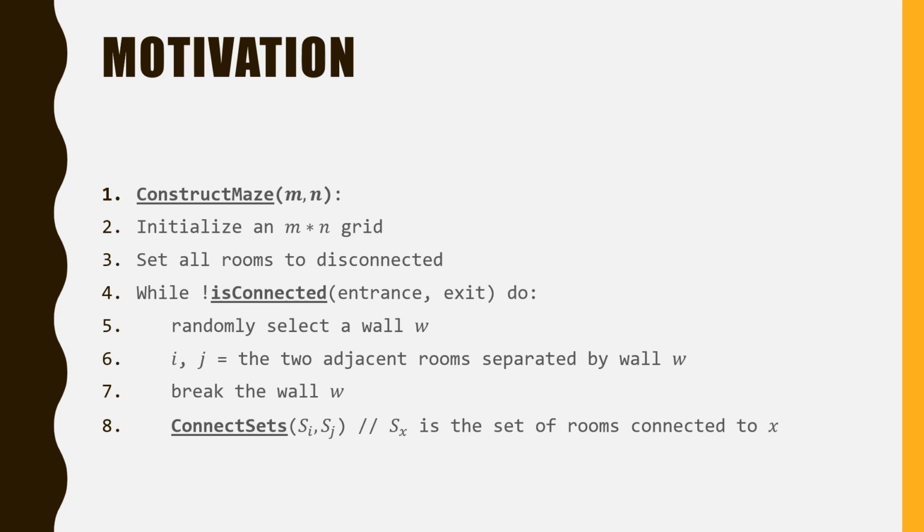We randomly select a wall W. Let I and J denote the two adjacent rooms separated by W. We break the wall W, connecting all rooms that are connected to I with all rooms that are connected to J. In other words, we union the sets Si and Sj.